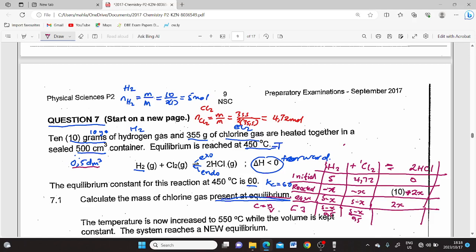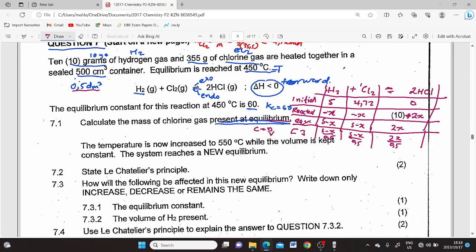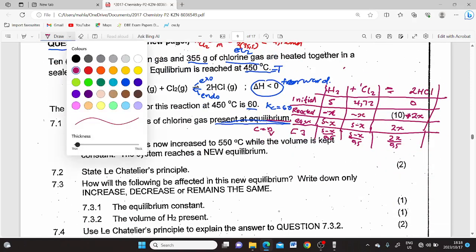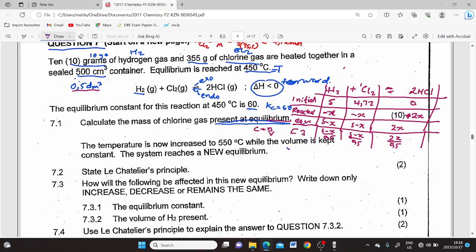So this will be 2x divided by 0.5. Right from here, we have our concentrations at equilibrium, so we can take this further. Then now we can have our Kc value.